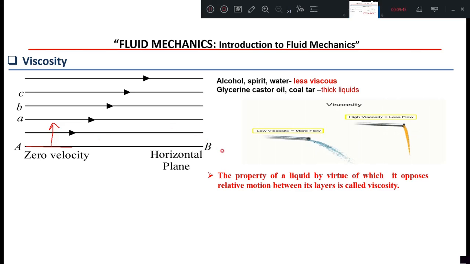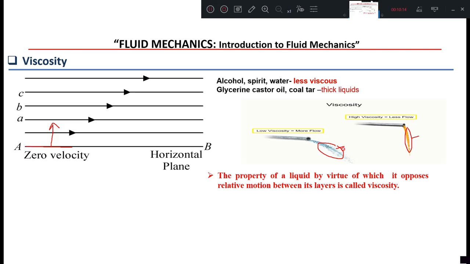Just look at this picture here. High viscosity liquid means less flow, lesser mobility or lesser fluidity. Low viscosity means more flow, more fluidity. Here less fluidity, here more fluidity.